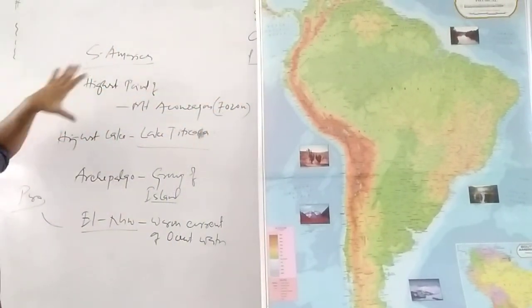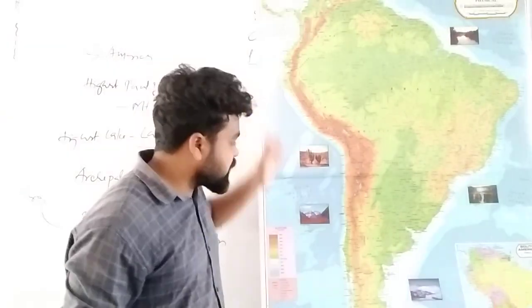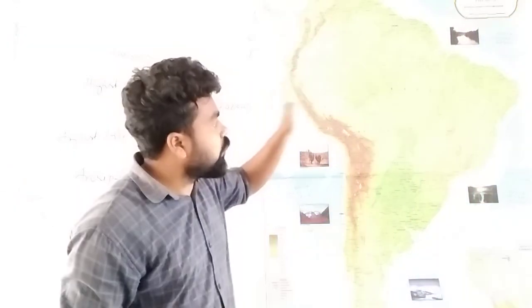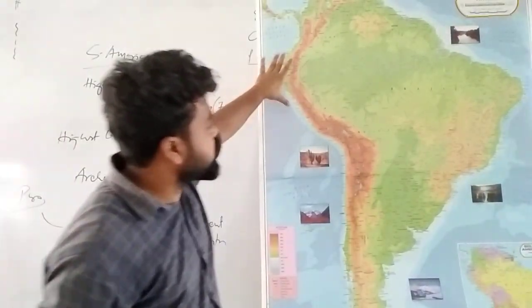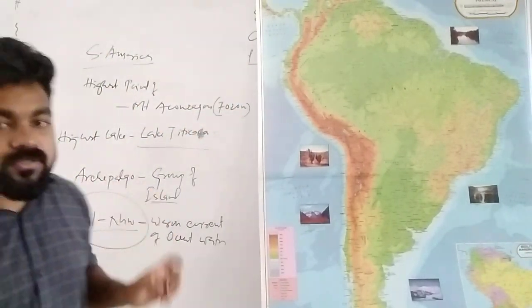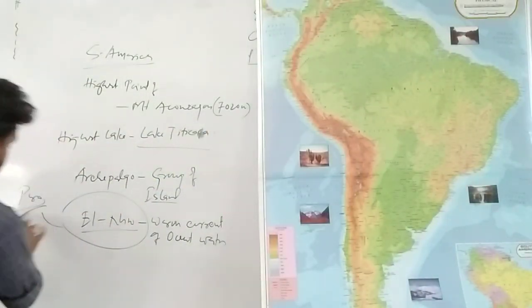If we see the whole world map, the Pacific Ocean is between South America and Australia. So from this Peru coast, El Nino used to blow. But El Nino doesn't blow every year; sometimes after 2 years, after 3 years, after 5 years, El Nino blows. That is one part.